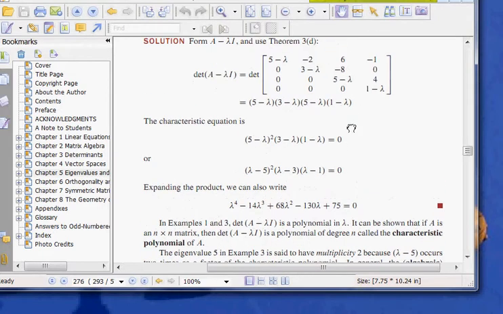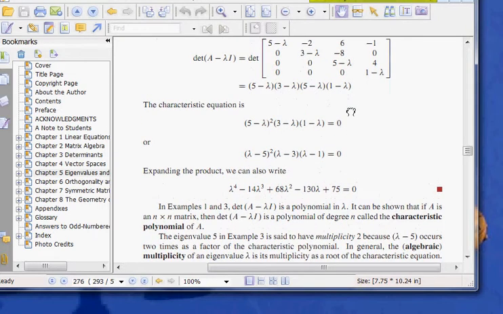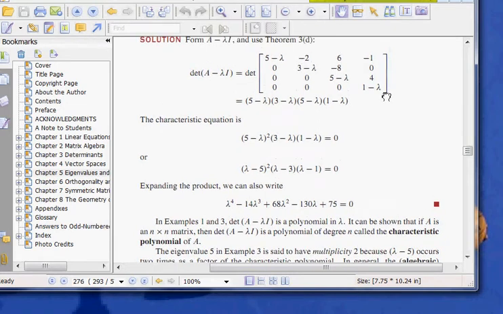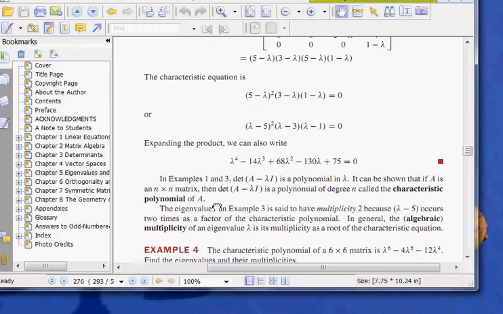So it's a polynomial of degree n. So look at this. This is a 4 by 4 matrix, right? 1, 2, 3, 4. 1, 2, 3, 4. N by n, 4 by 4, okay? So because n equals 4, you have 4 terms, okay? That's all this sentence is saying right here.